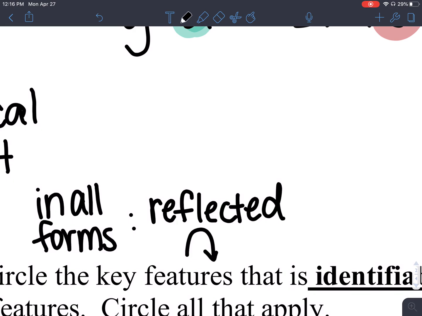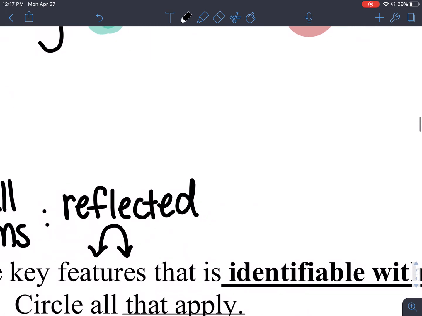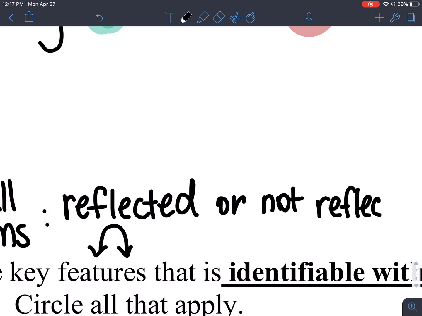Remember, a reflected quadratic will look like that. And then my non-reflected look like that.